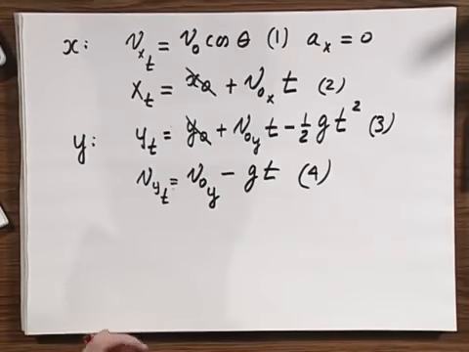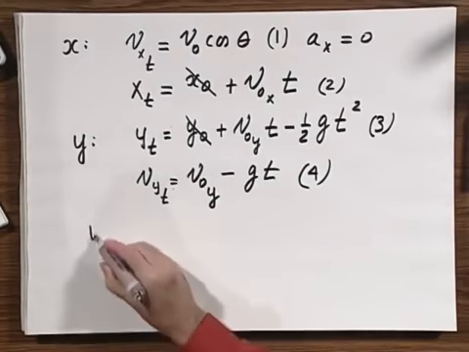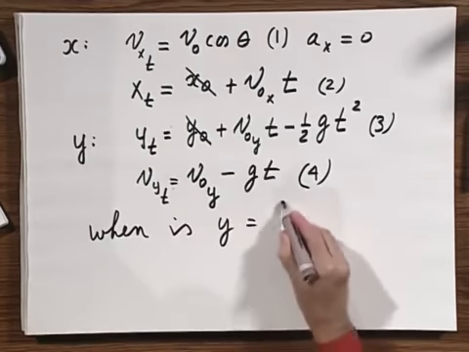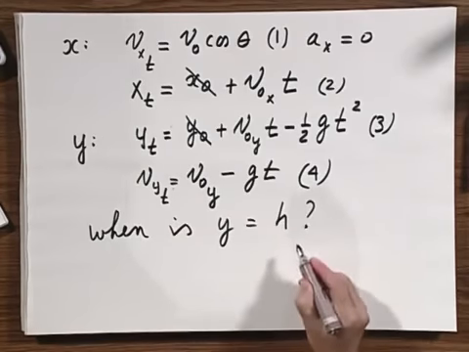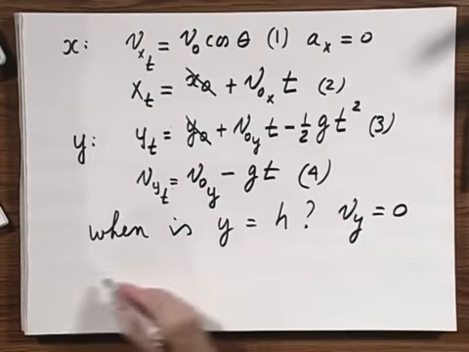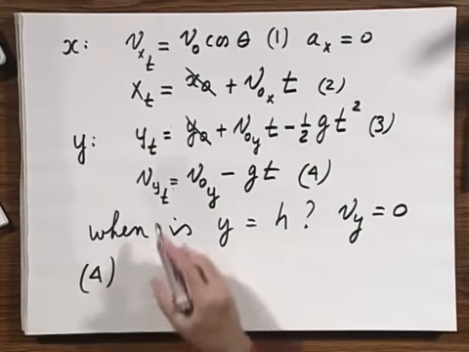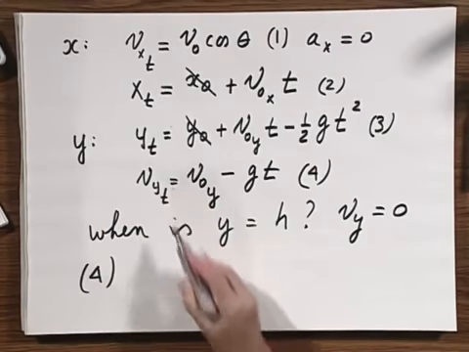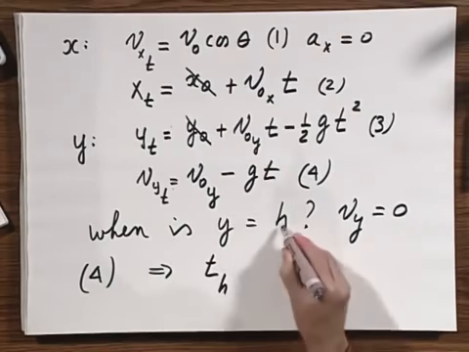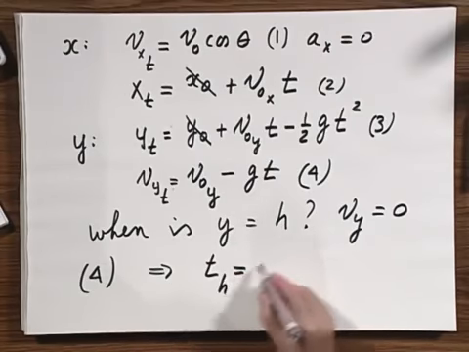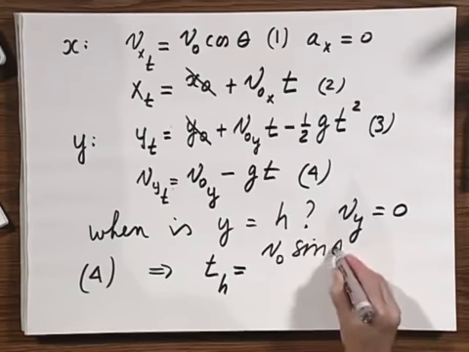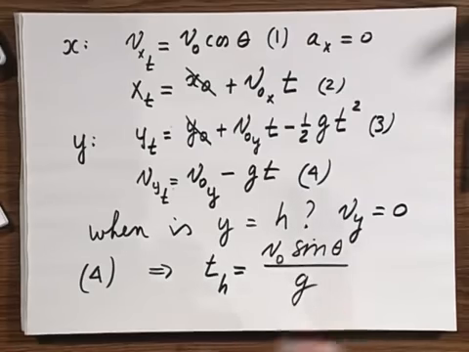So let's first ask the question, when is y equal h? In other words, when is v of y equals 0? So I go to equation number 4, I substitute in here vy equals 0, and I find immediately that the time that h is reached, which we have called t of h, equals v0 times the sine of theta divided by g.